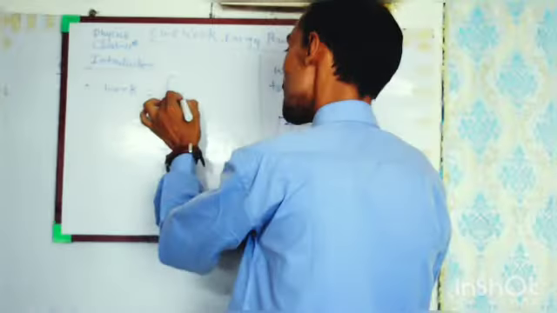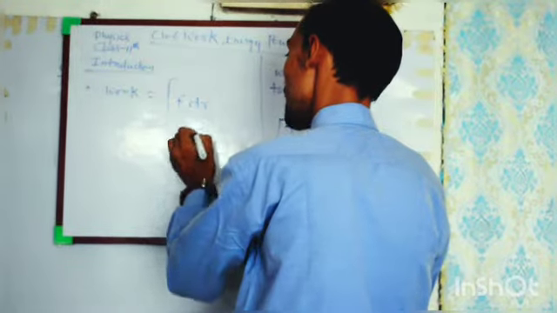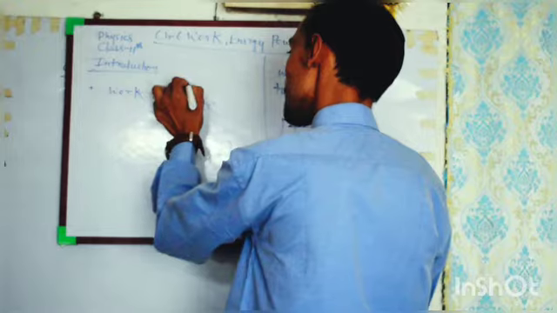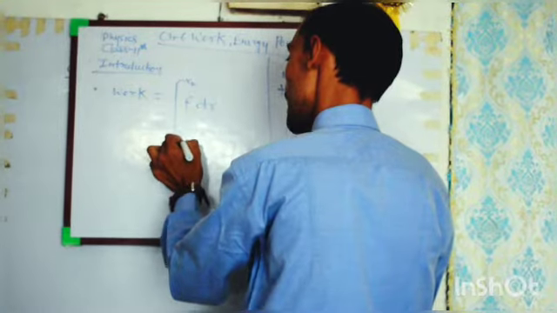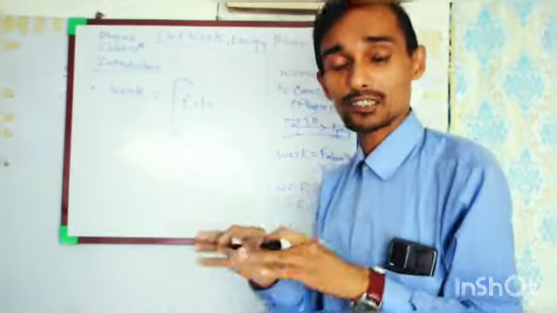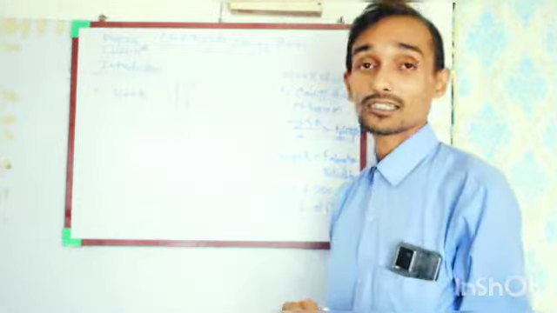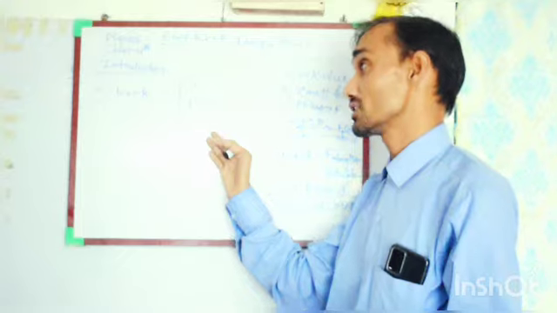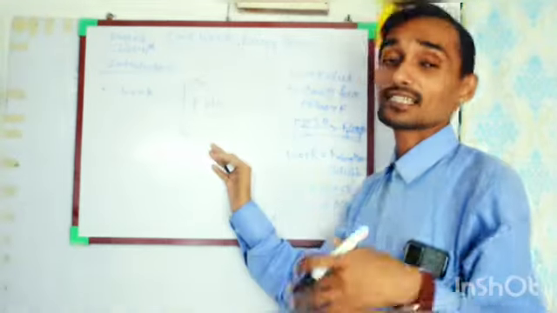Since the force is changing, work will be the integration of F dr from R1 to R2, the integration of force and displacement. That is the work produced when the force is varying.